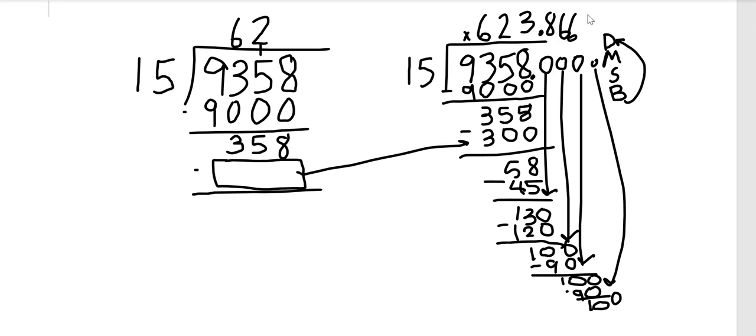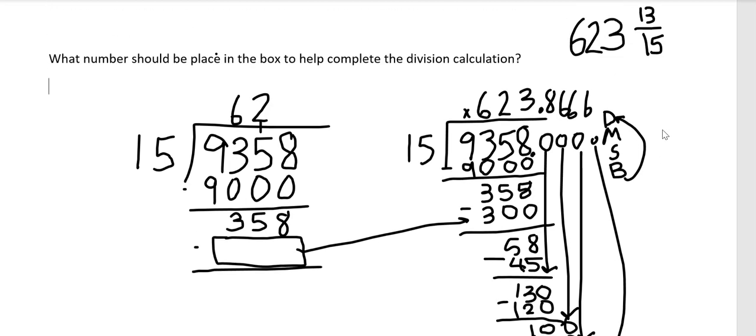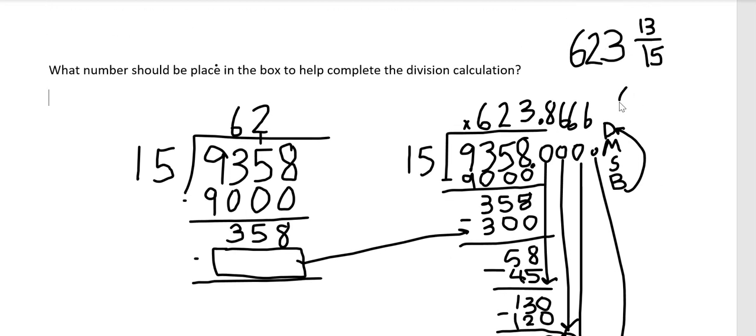Obviously, this is going to go over and over in a repetitive pattern, which is what leads me to the decimal 623.8. The 8 didn't repeat, but the 6 did. So just put the repeating bar over the 6. And now we have our decimal representation of this quotient.